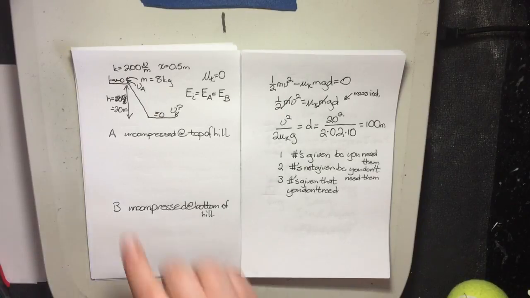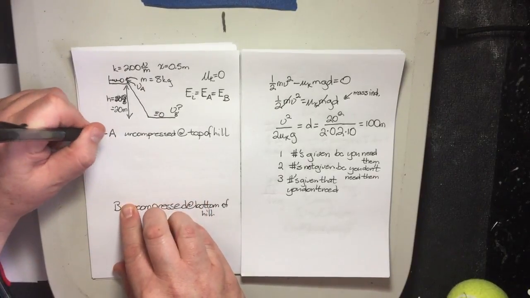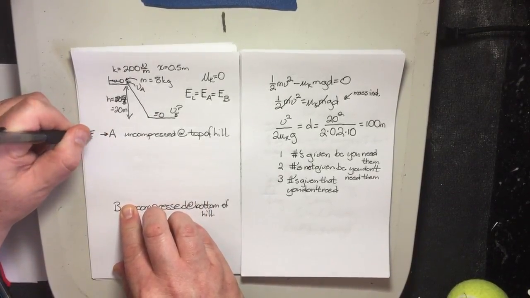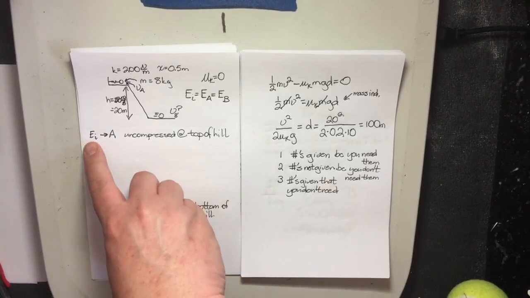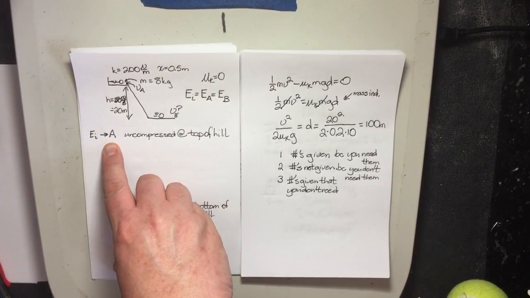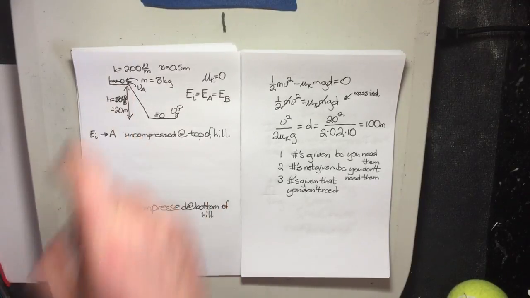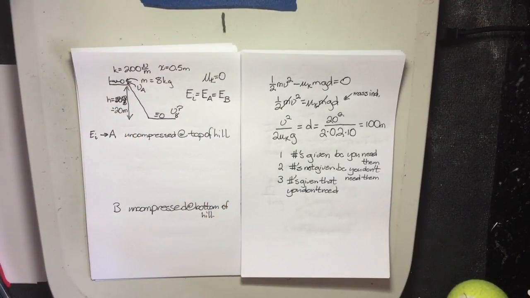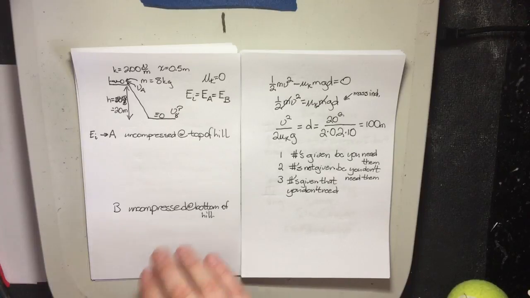Now, here, we're going from the initial to A. Initially, it's compressed. Initially, it's at the top of the hill. At the end, it's still at the top of the hill, but it's uncompressed and moving.